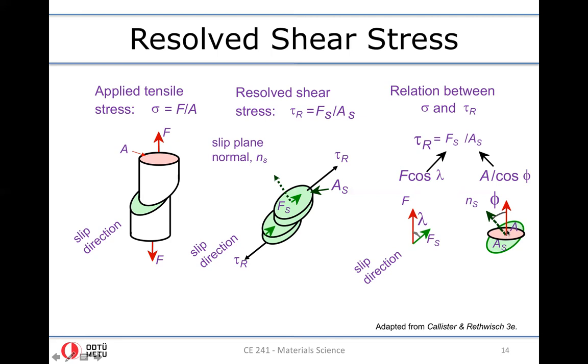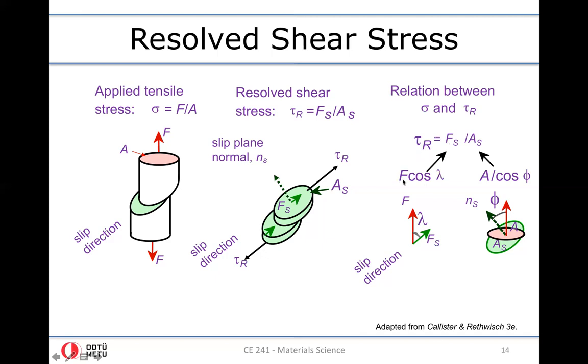And the same way, you have to calculate the inclined area of the slip plane by dividing the gross nominal cross-sectional area of the specimen by the cosine of the angle between the direction of the loading and the normal direction of the slip plane. That is the angle phi.